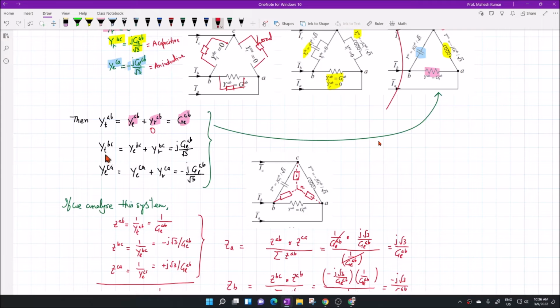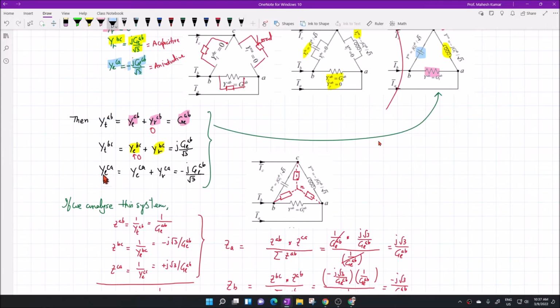Similarly, for Y_BC total, it is the sum of Y_LBC and Y_γBC. Now, Y_LBC is 0 in this case, and Y_γBC is j G_LAB by root 3. So the total admittance is j G_LAB by root 3.